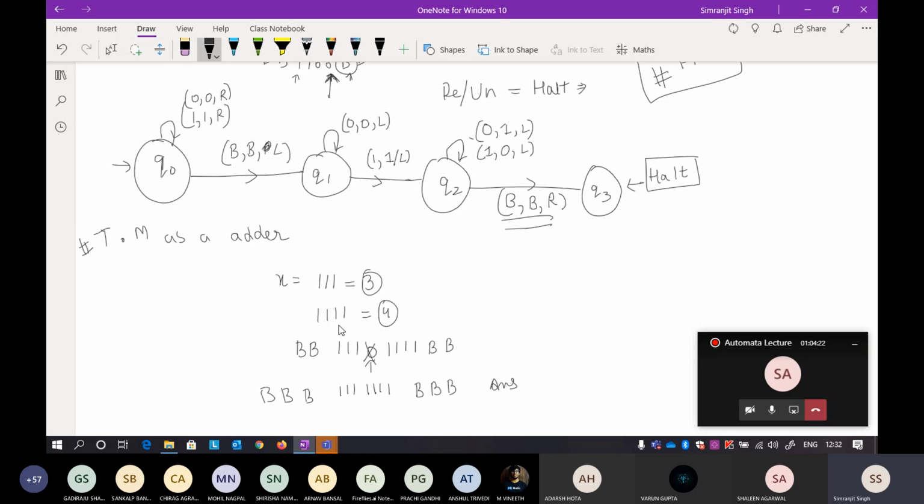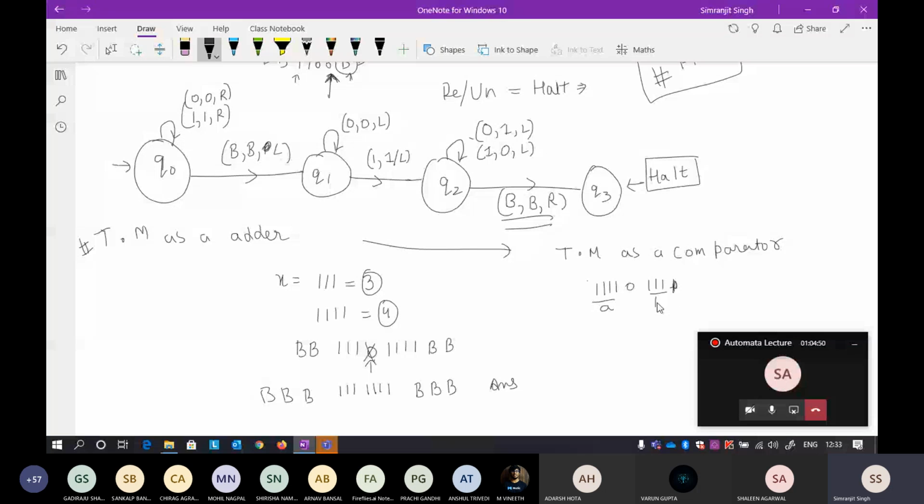I will tell you how a Turing machine can act as an adder, as well as how it can act as a comparator. I will build a machine, or put that particular question in a tute. Comparator means that you have to compare the number of ones. Here I consider this as a and this as b.